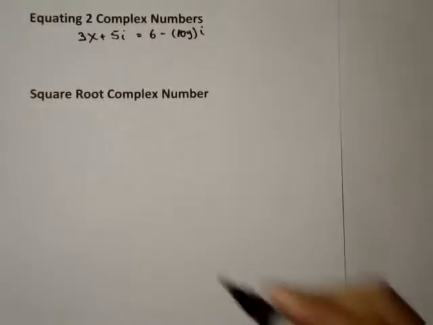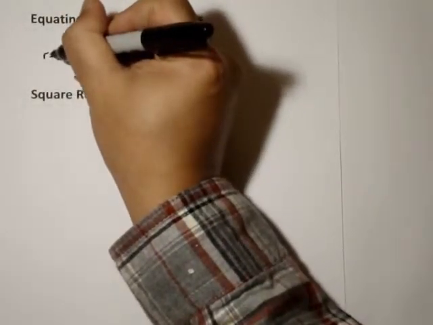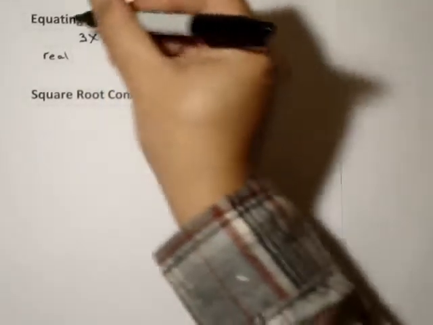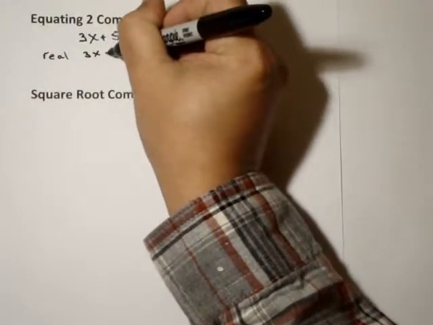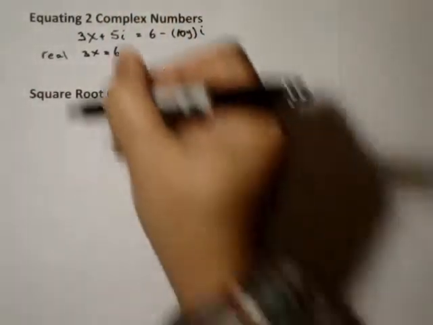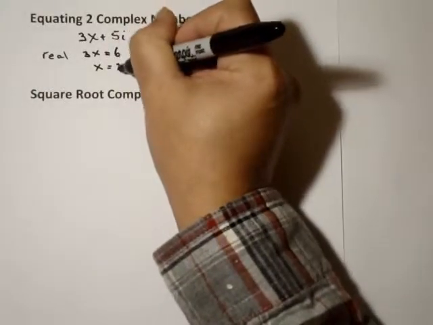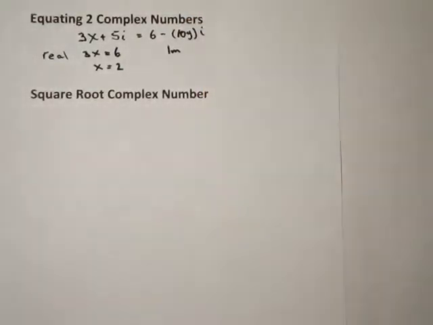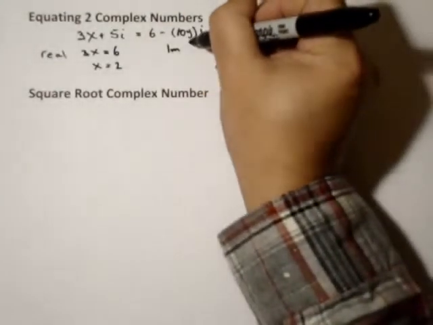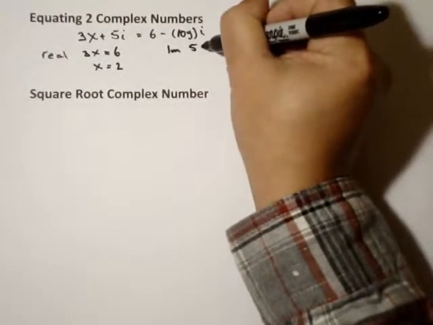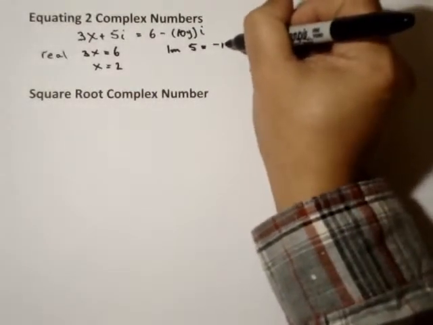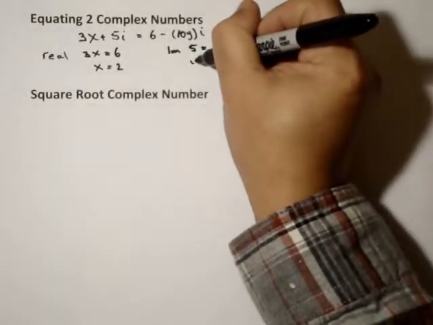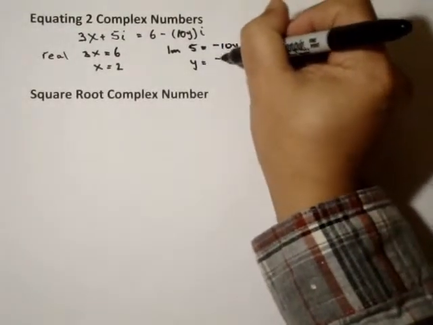What we do first is we equate the real numbers. So we have 3x equals 6, so x equals 2, and then the imaginary numbers, we have 5 equals minus 10y. So y is equal to minus 1/2.